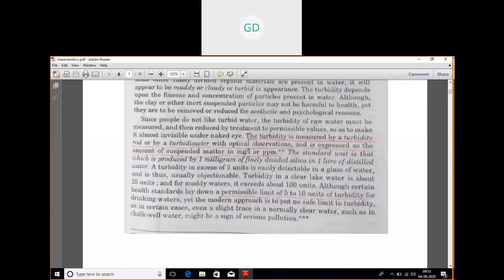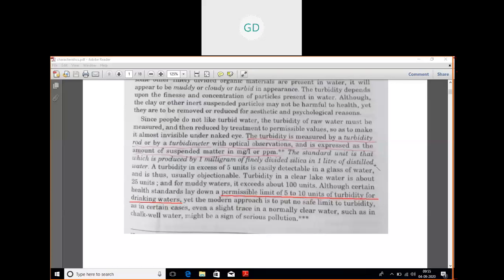Here the permissible limit is written, you see, this one: a permissible limit of 5 to 10 units of turbidity for drinking waters. What is the permissible limit?